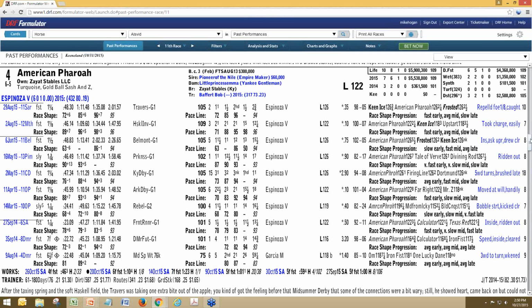I think if you put a percentage chance on every horse in the race, what percentage chance do they have of winning? Then American Pharoah would have the higher percentage chance of winning, primarily because he's going to be the controlling speed. But there are a couple of factors here that make American Pharoah, even in that situation, a bet against.